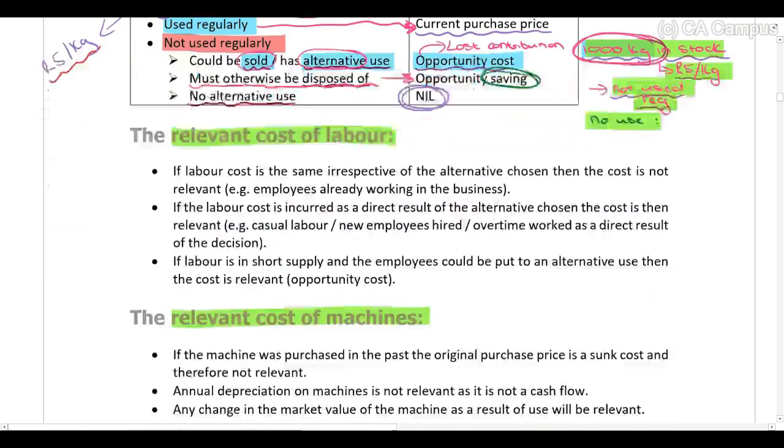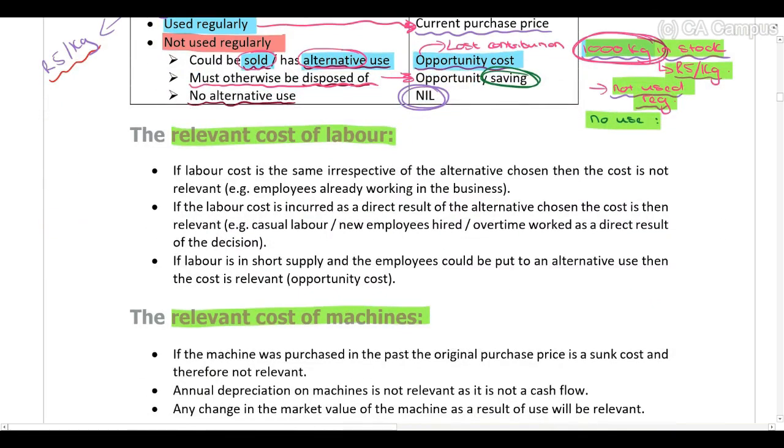How do we determine the relevant cost of labor? First, guys, if the cost is the same, irrespective of the alternative that's chosen, remember, if a cost doesn't differ between alternatives, it's not relevant. So if it's the same for all alternatives, like my car insurance in the basic example, then it is not relevant.